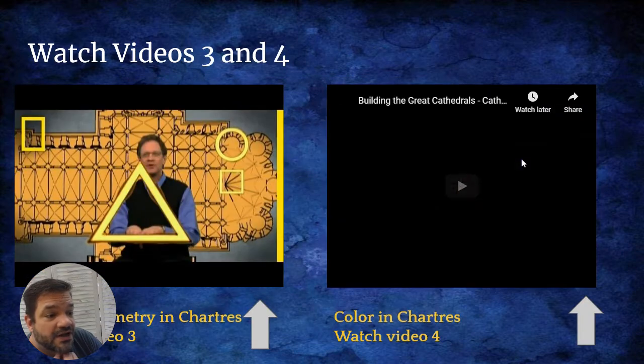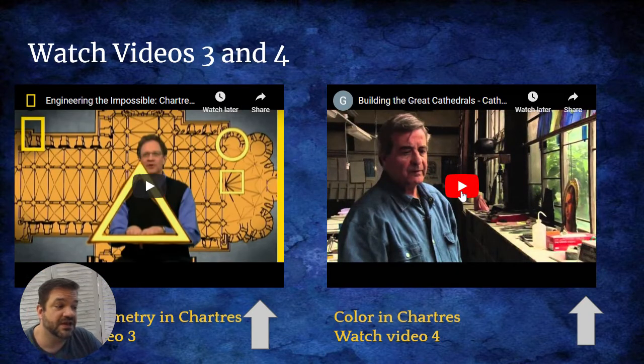So go ahead and watch these clips, and these will help round out your knowledge of the Chartres Cathedral, how they're using geometry, how they're using color, and what they're doing on the inside as well as the outside to teach people and to give them the experience of lux nova, this emotional presence of God.